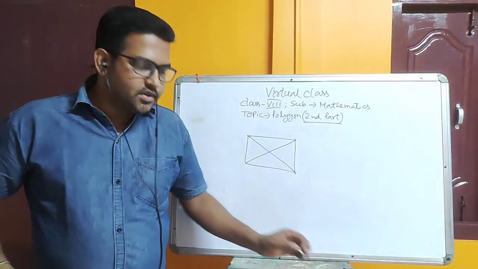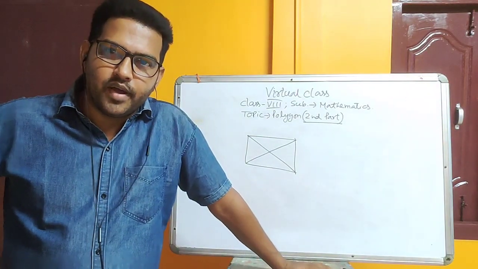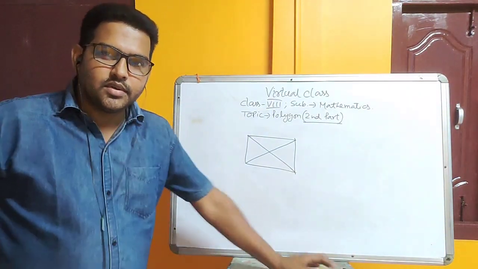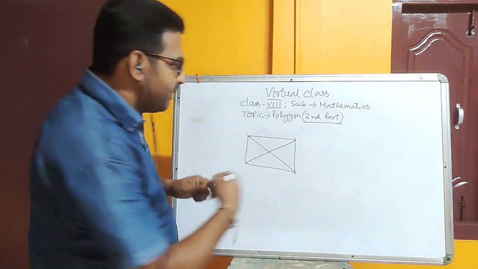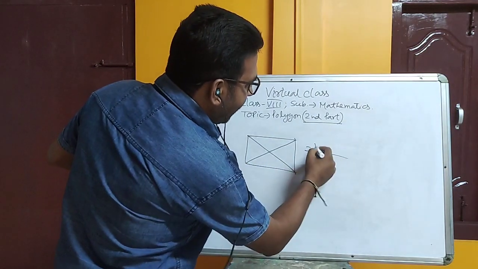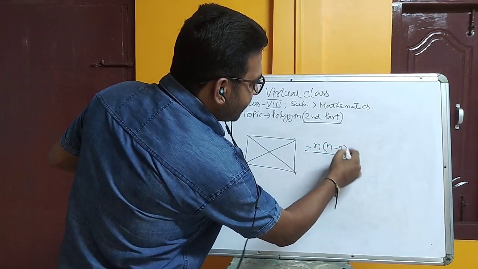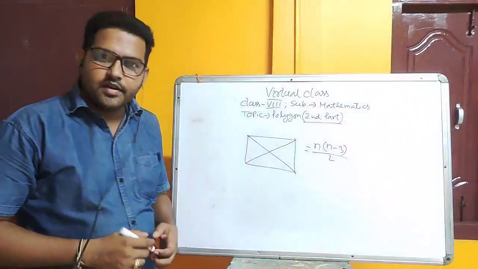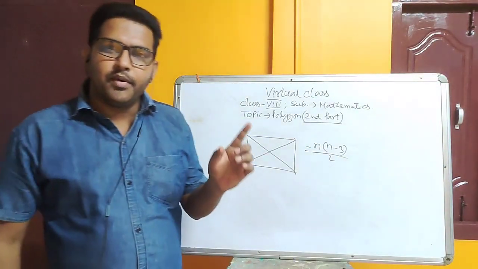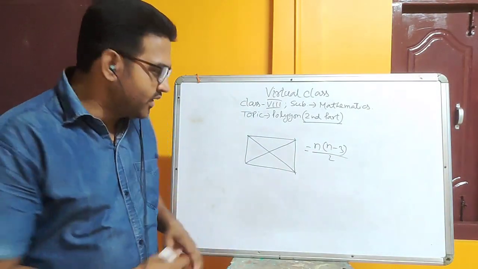Already you have got the formula for the number of diagonals present in a polygon. You could easily remember the formula is what? n into n minus 3 by 2. Is it? n denotes the number of sides of a polygon.